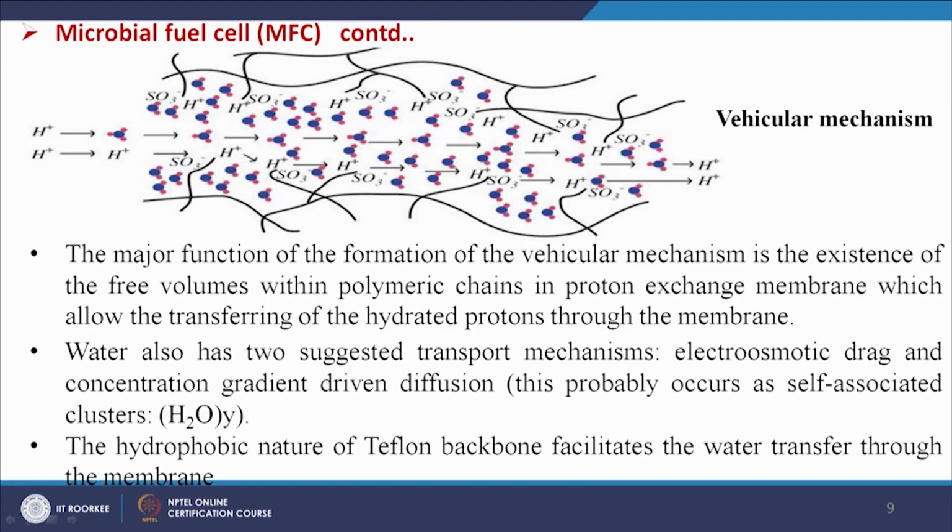Water also has two suggested transport mechanisms, electroosmotic drag and concentration gradient driven diffusion. The hydrophobic nature of the Teflon backbone facilitates the water transfer through the membrane, because Nafion is hydrophobic, so water will not be attached to it. So, water with this H plus will be transferred from anode to cathode, and that is the vehicular mechanism.